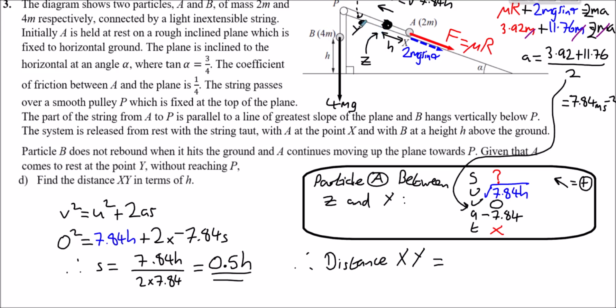Then from z to y, we just worked out it goes a further 0.5h. So from here to here, that's a further 0.5h. So h plus a further 0.5h gives us 1.5h.